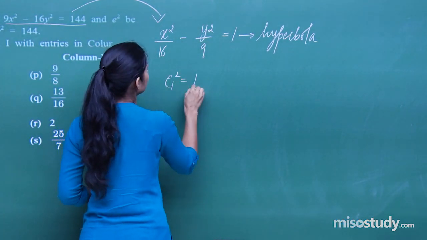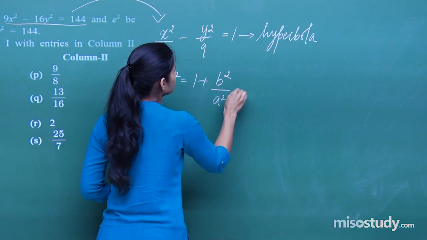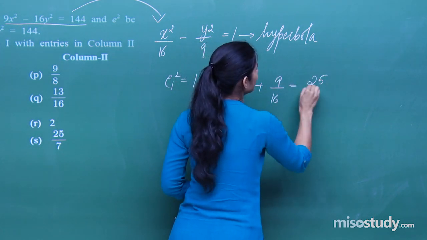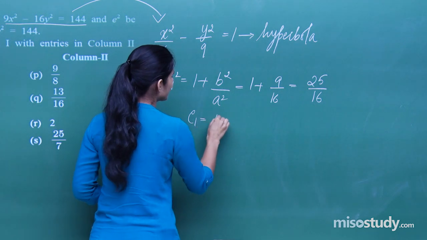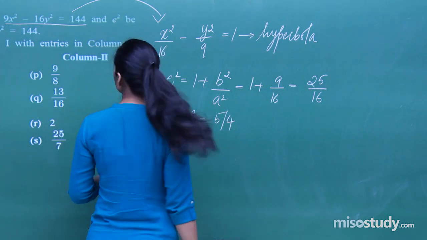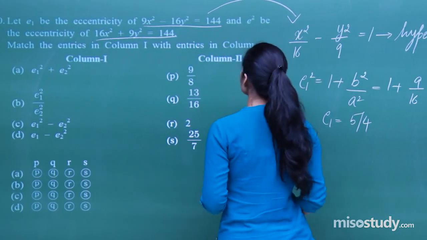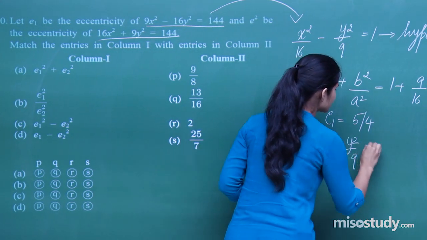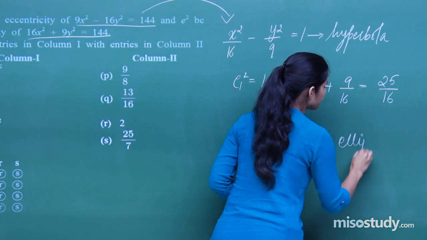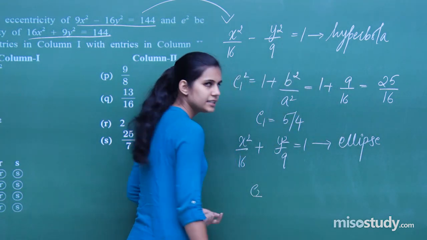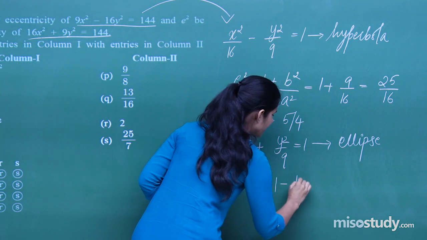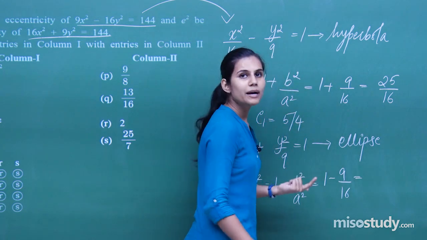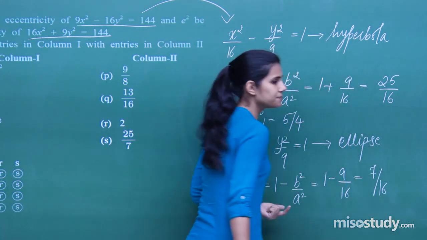So E1 square equals 1 plus b square by a square, which is 1 plus 9 by 16, which is 25 by 16, and therefore E1 is 5 by 4. Next, we have 16x square plus 9y square equals 144, which is x square by 16 plus y square by 9 equals 1, which this time is an ellipse. If I take E2 as its eccentricity, E2 square equals 1 minus b square by a square, which is 1 minus 9 by 16, that is 7 by 16.